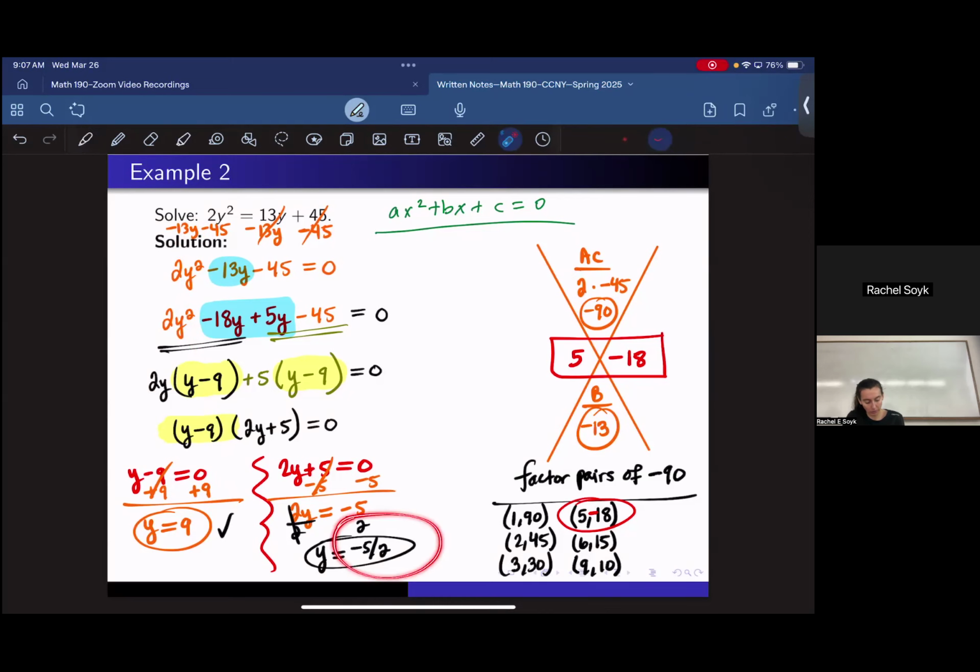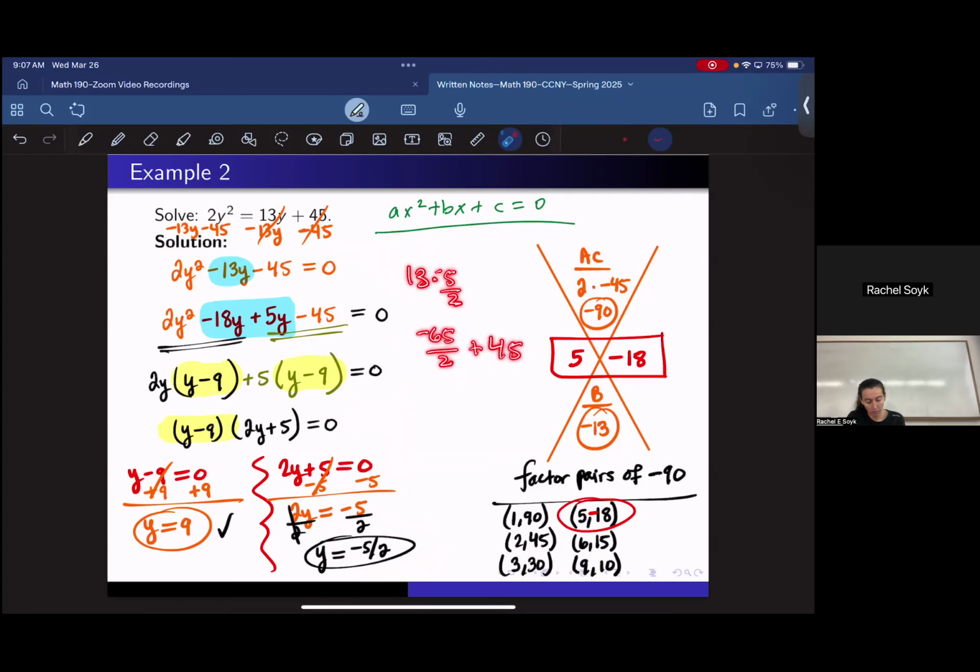What about negative 5 over 2? Negative 5 over 2 squared is a positive 25 over 4 times that 2, which is 25 over 2. 25 over 2 is just 12 and a half. That's what we have on that left-hand side. And then the right-hand side, we have 13 times negative 5 over 2, which gives us negative 65 over 2 plus 45.